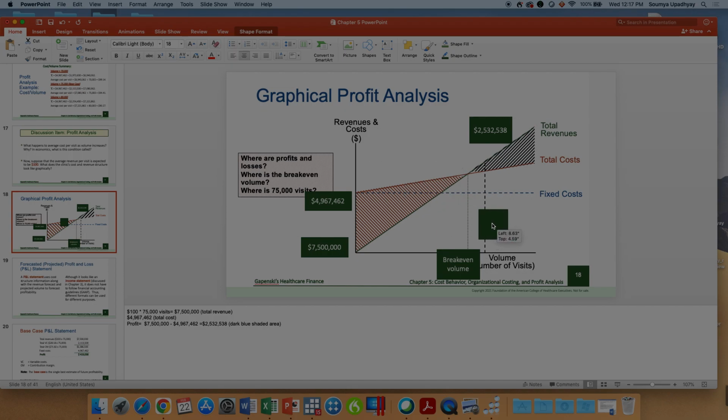We can show it here, 75,000 visits. So that's what your graph shows and looks like. This is the fixed cost, the total cost, total revenues, the break-even volume, the dotted line, and the actual 75,000 visits. Okay, so let's go back to the slideshow.